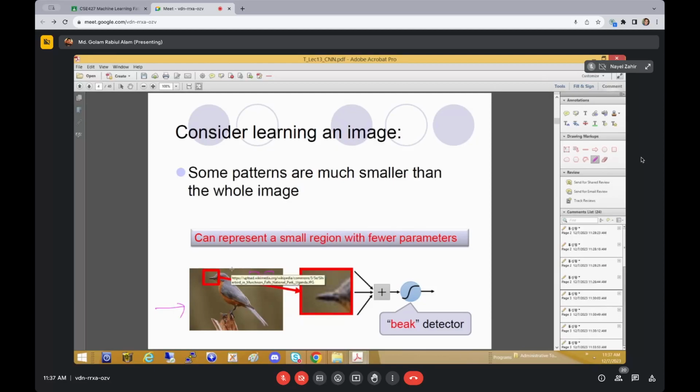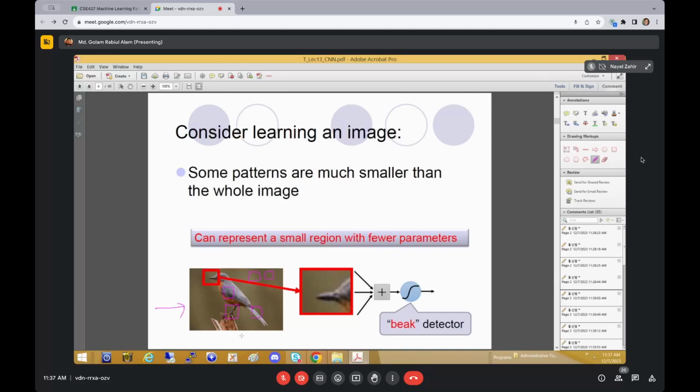So can we represent this using some small region, so that we can learn with fewer parameters? Can we detect something like the beak of this bird? Can we detect something like the legs, the wings, the tail of this bird?